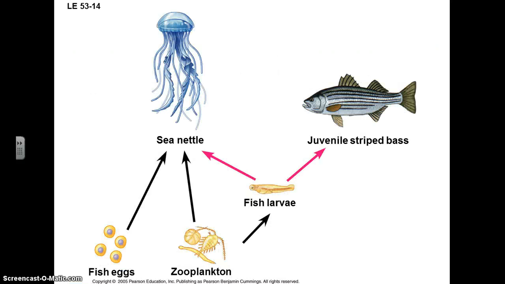Although we can always take a look at just individual parts and see what happens to them, and how, say, predation by the sea nettle on the juvenile fish can impact the adult fish. It may not eat many of the adult fish, or the adult fish may be big enough to avoid them, but the juvenile fish can be impacted. So different life stages of an organism may or may not be prey for something else in the system.